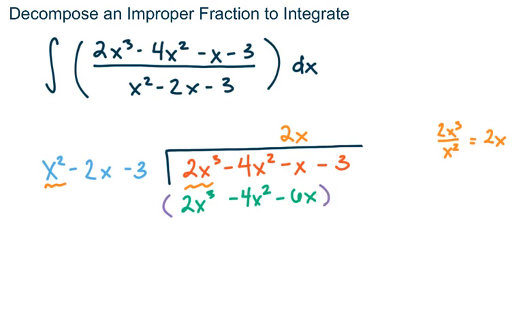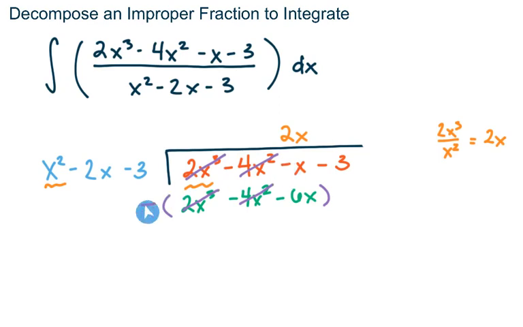And of course, we subtract all of this. Now, your first two terms will always cancel if you're doing this right. So 2x cubed minus 2x cubed. Then I have negative 4x squared minus negative 4x squared. And it just so happens in this problem that those cancel as well.